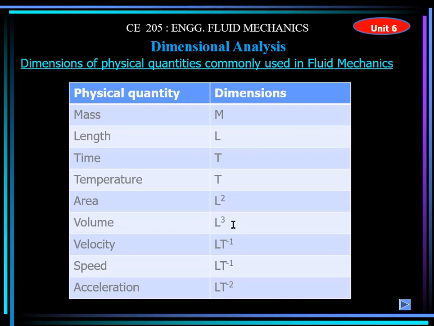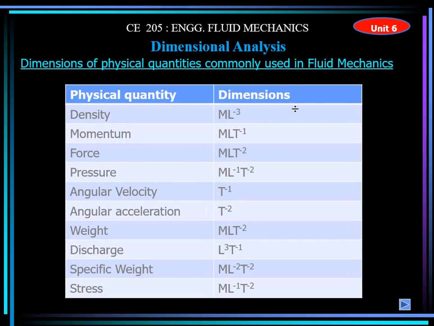The volume will be L cube, three dimensions. As I told you, velocity is length per unit time. Similarly, acceleration is length per unit time square. So these are the dimensions for various physical quantities, and they can be utilized to solve various physical phenomena, which we will see in the coming slides.